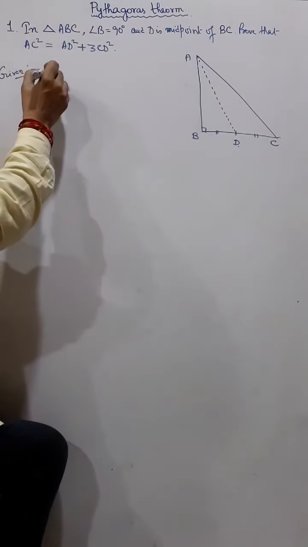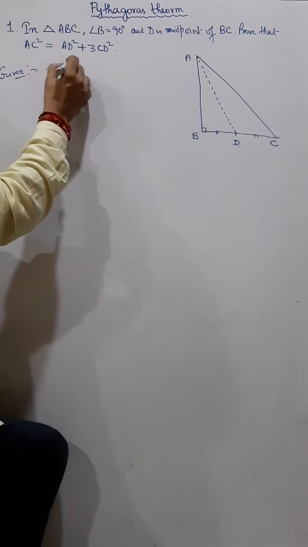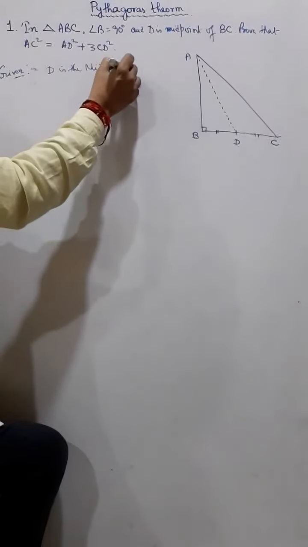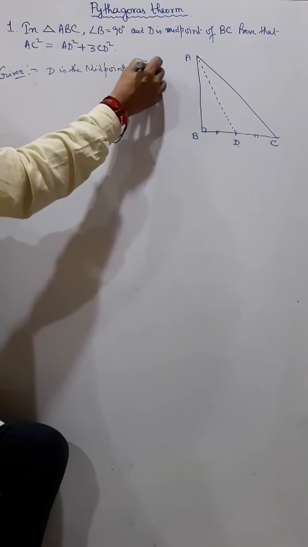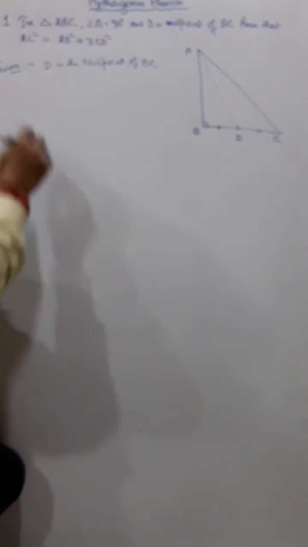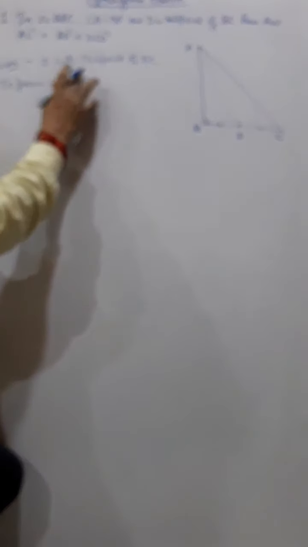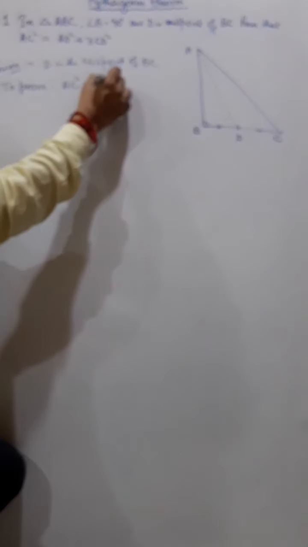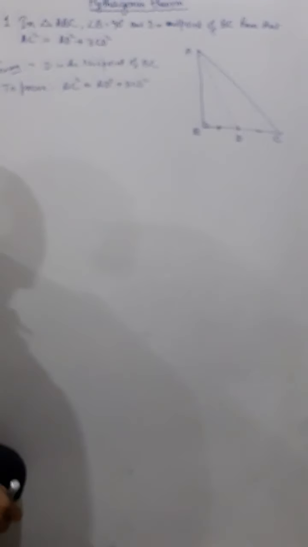What is given is that D is the midpoint of BC, and we have to prove AC square is equal to AD square plus 3CD square.